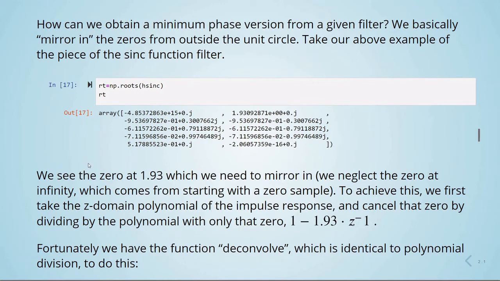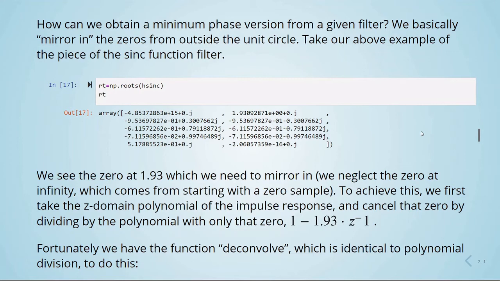How can we obtain a minimum phase version from a given filter? We basically mirror in the zeros from outside the unit circle. So take our above example of the piece of the sinc function filter. We see the zero at 1.93, which we need to mirror in. We neglect the zero at infinity, which comes from starting with a zero sample.